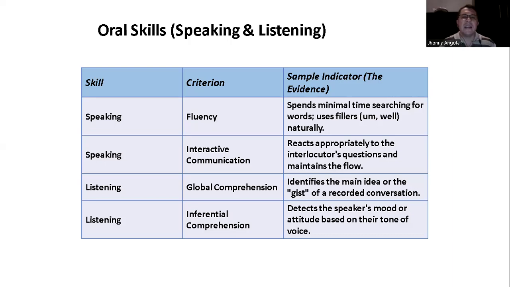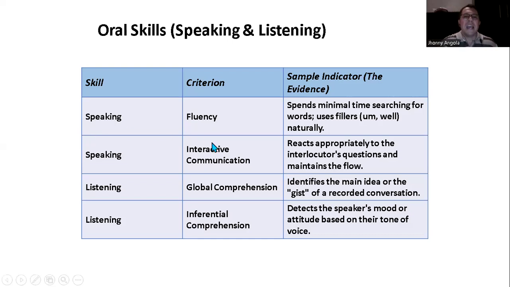Yes. Listening, global comprehension: identifies the main idea or the gist of a recorded conversation. This is for listening. Listening is one of the most important skills, so it's difficult to identify criterion and indicator, right? Why? Because listening probably works together with speaking. While you're speaking, the other person listens to you, and you try to recognize how those students can understand something that you said to him, for example, or said to her, or whatever.